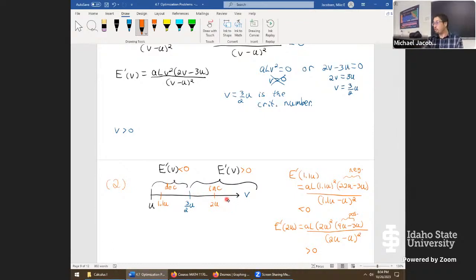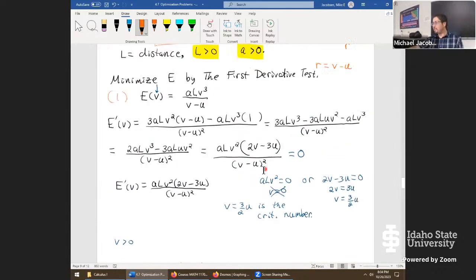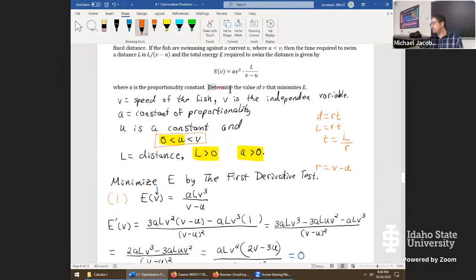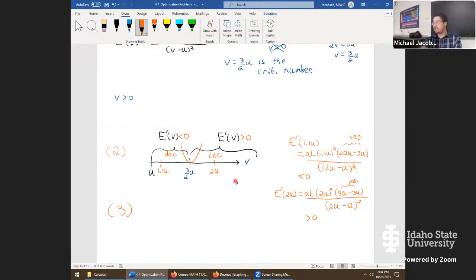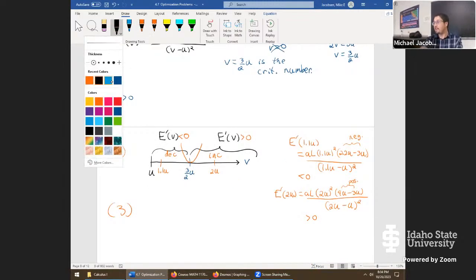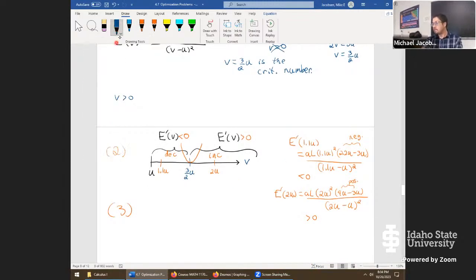So we're about ready for a conclusion for our step 3. It went decreasing, then increasing for an absolute minimum. Let's see what they want here. The question says, determine the value of V that minimizes E, the energy expenditure. We just want to know how fast this fish should swim, V, to minimize his energy. So let's make this our end conclusion.